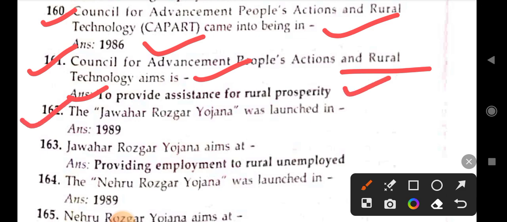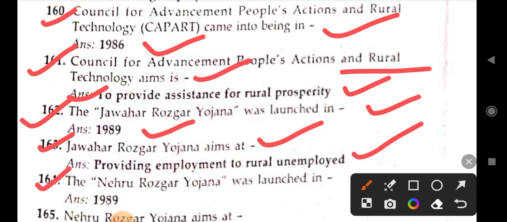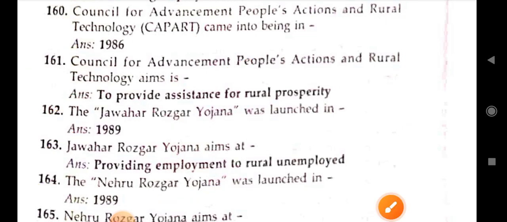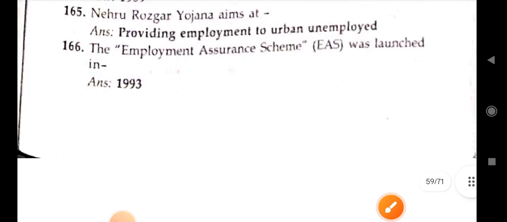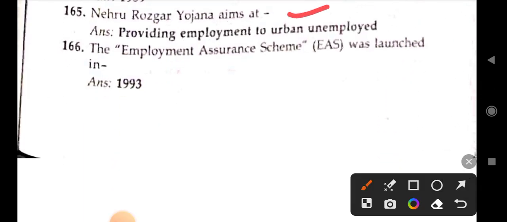The Jawahar Rozgar Yojana was launched in 1989. Jawahar Rozgar Yojana aimed at providing employment to rural people. Next, the Nehru Rozgar Yojana was launched in 1999. Nehru Rozgar Yojana aimed at providing employment to the urban unemployed.